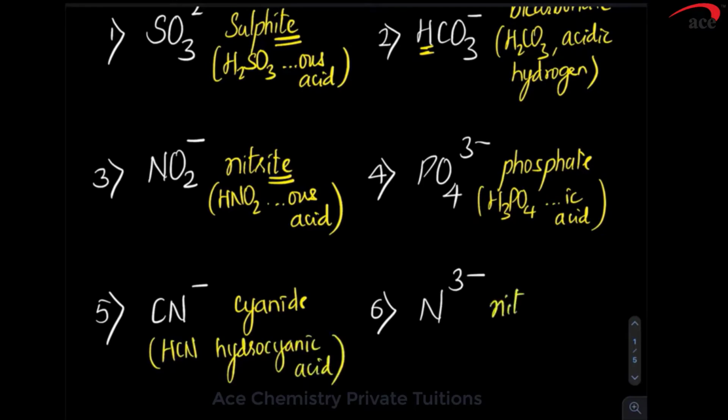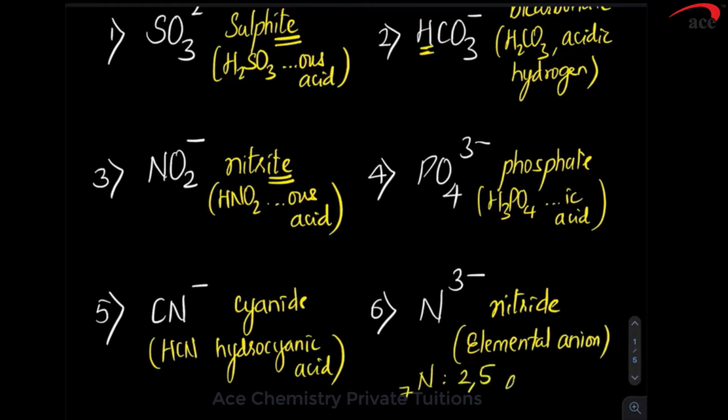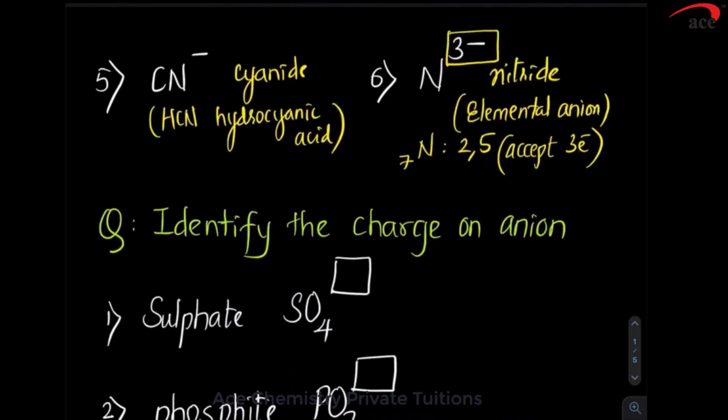The next one gets the name nitride, because it comes from an elemental anion. But why charge of 3 minus? Because nitrogen has electronic configuration 2, 5, so it has to accept 3 electrons to complete its octet, therefore 3 minus, therefore the name nitride.